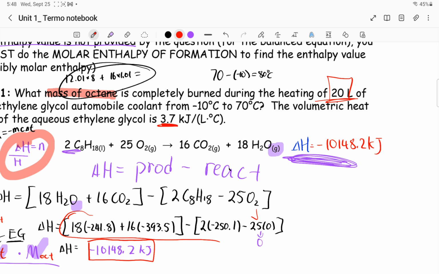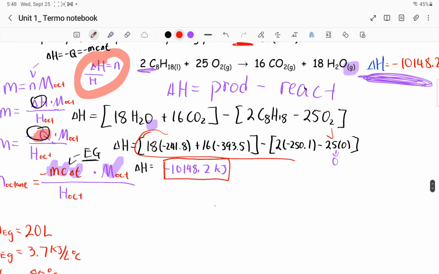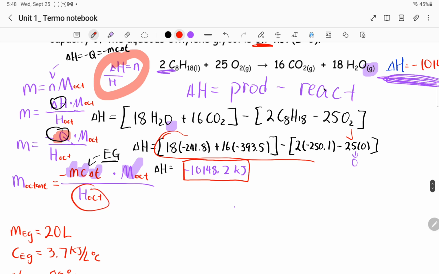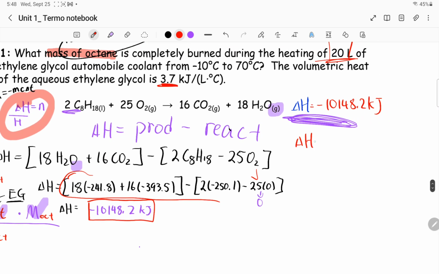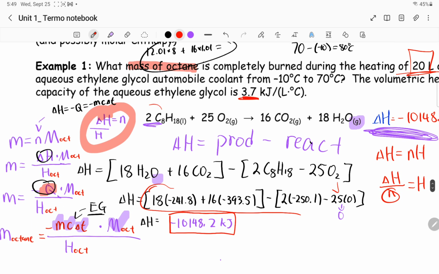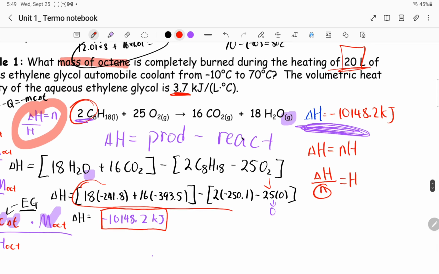Okay, next. So our next step would then be to find our H. To find our H, remember that delta H is equal to your n times your H, which means delta H over your n is going to give you your H. So now you're like, where does the n come from? Well, the molar coefficient.